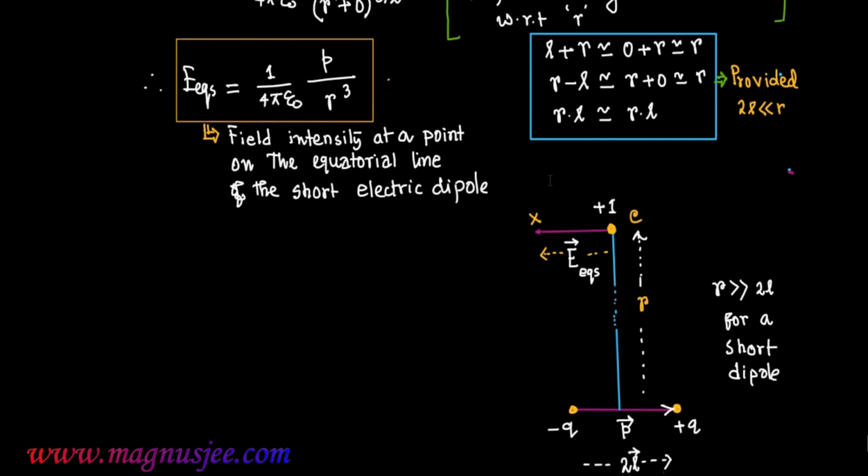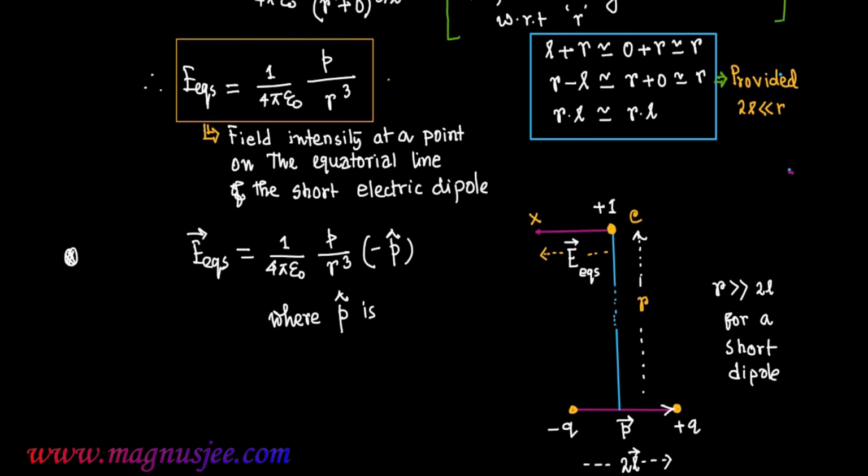Vector 2l is the distance of plus q charge from minus q charge. In this case, vector E equatorial is equal 1 by 4 pi epsilon 0 p by r cube times minus p cap, where p cap is the unit dipole moment vector.